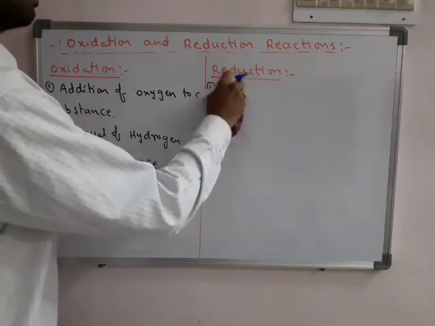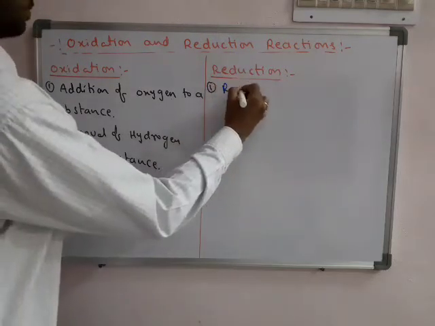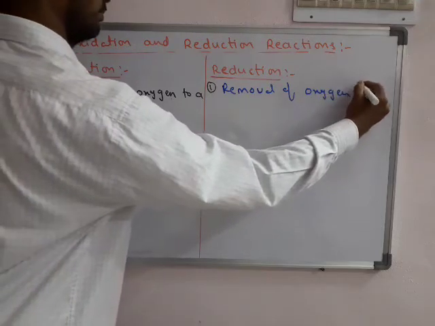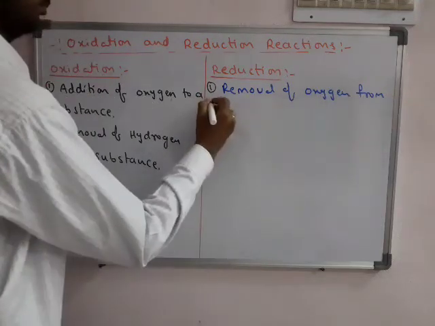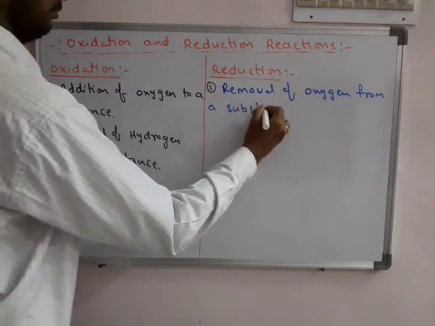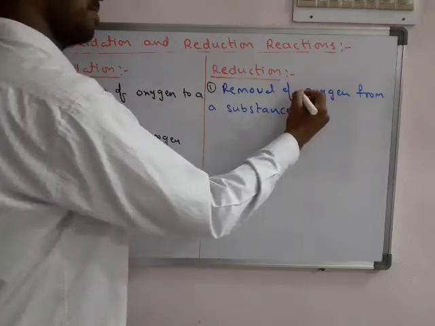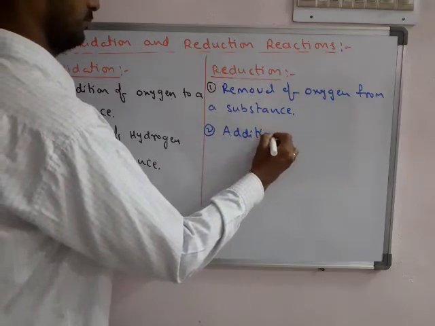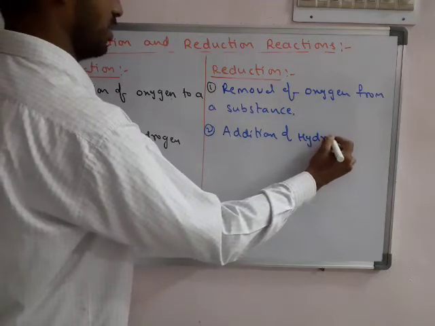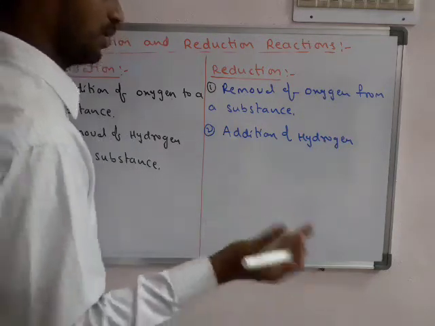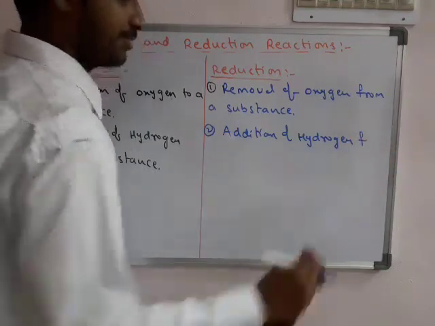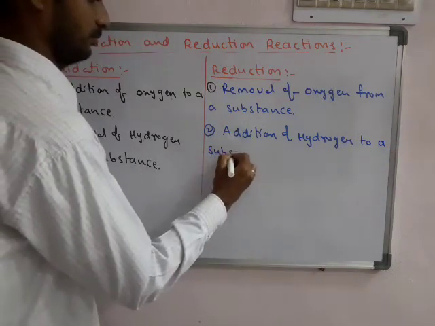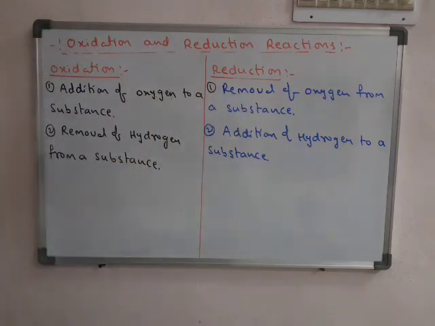So hydrogen first, oxygen first compared with them. Here it is called removal of oxygen from a substance, it is treated as reduction, or addition of hydrogen or hydrogens to a substance is called the reduction reaction.